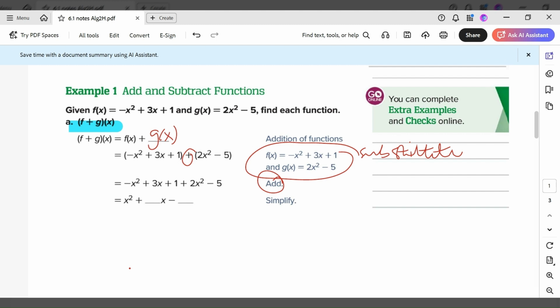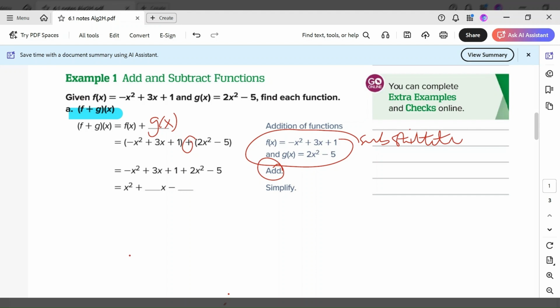We're combining like terms now. So first thing we see when we're combining like terms, I see a negative x squared and positive 2x squared. That gives me my x squared. The next term grouping we see is I had 3x and that's it, so my 3x stayed.